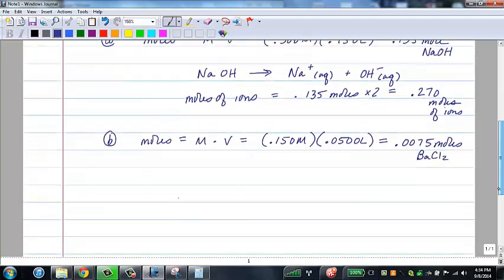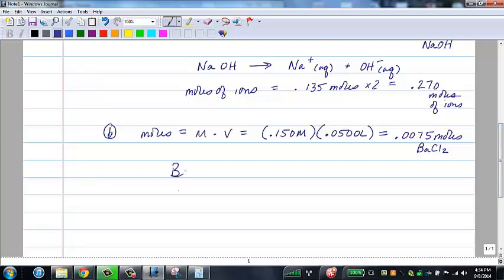Now, barium chloride breaks apart into 3 ions when placed into the solvent, into the water. 1 barium ion and 2 chloride ions.